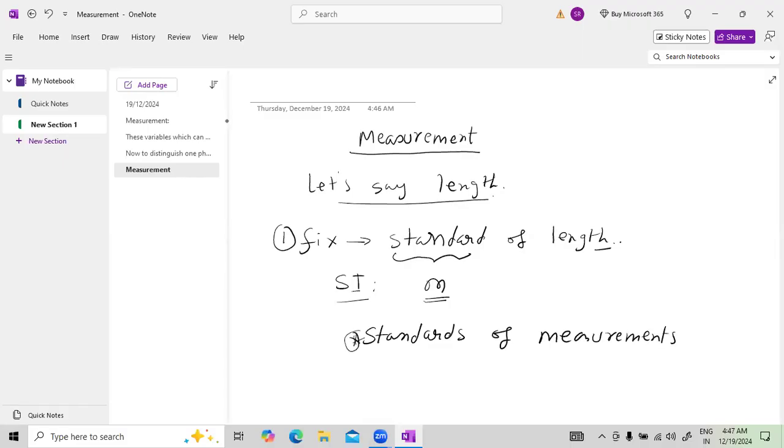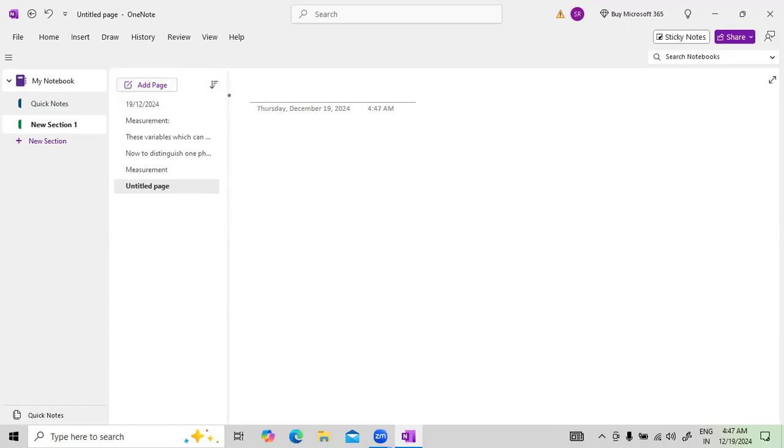Like in SI, we have some international measurement standards. We call it the SI system, and these are for mass, it is kg.